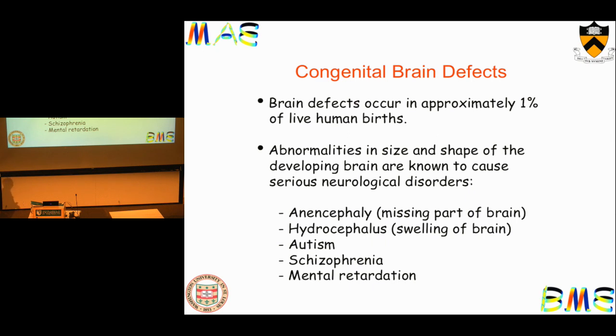It's been known that abnormalities in size and shape of the developing brain cause serious neurological disorders, such as anencephaly, which involves missing part of the brain, and when there's abnormal swelling of the brain, hydrocephalus can occur. Other neurological disorders include autism, schizophrenia, and mental retardation.